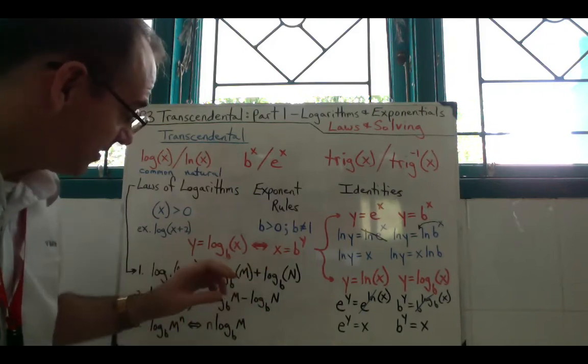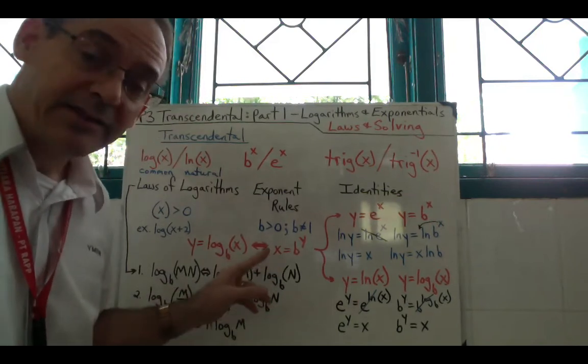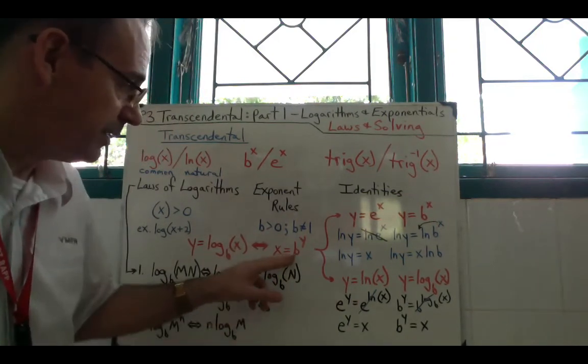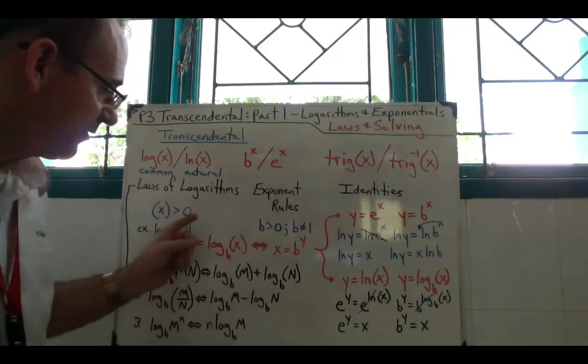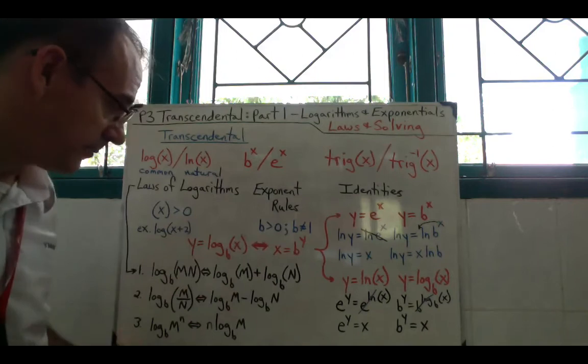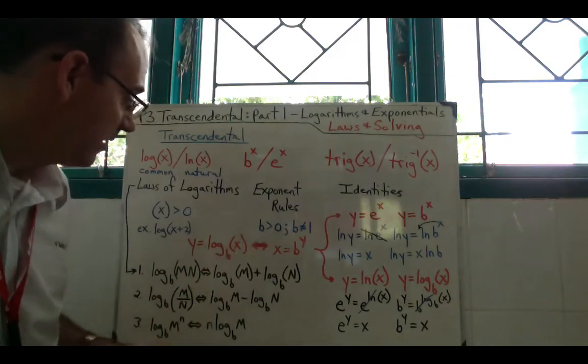So the argument is what you get as the answer to the exponential function. This b raised to the y power equals the argument that was in the logarithm. So you should be able to convert this back and forth.